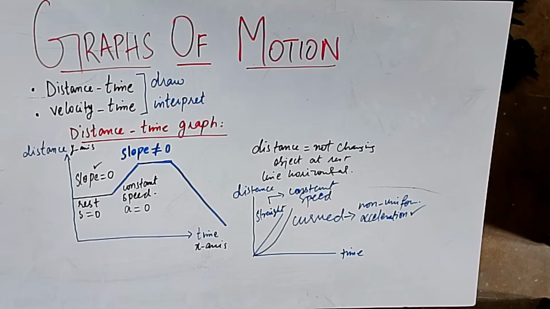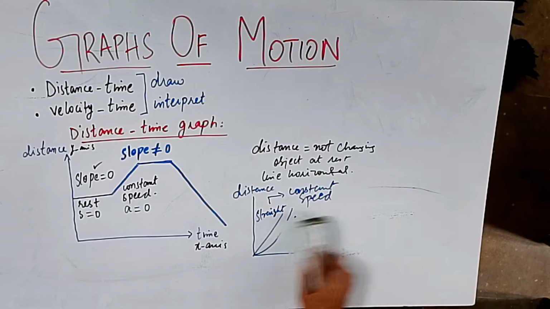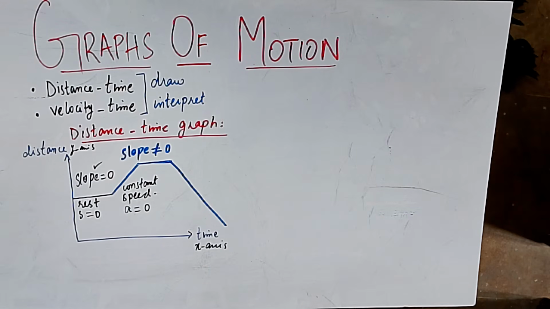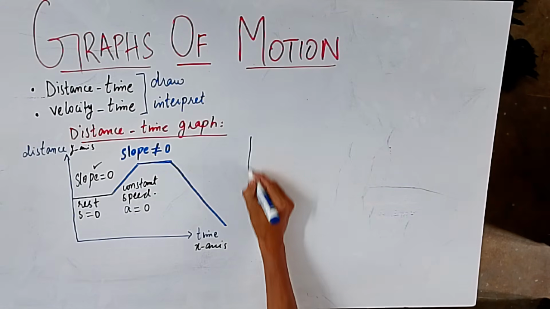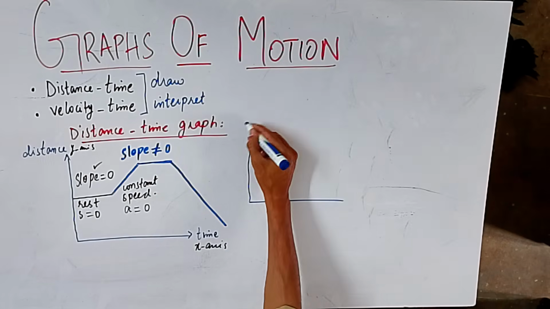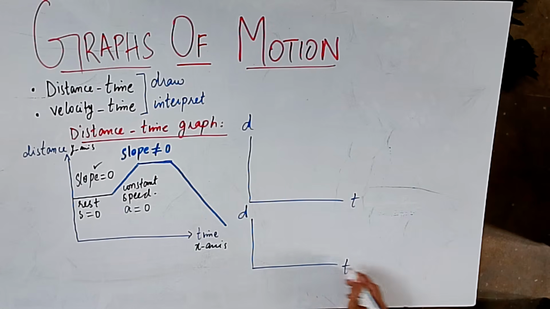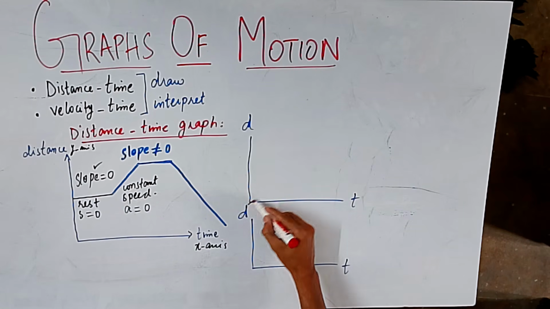One thing that I want to tell you related to the representation of distance time graph, and that is very important as well, is that, for example, you have two graphs of distance time, and the scaling is the same for both. But on one graph, your line is like this.